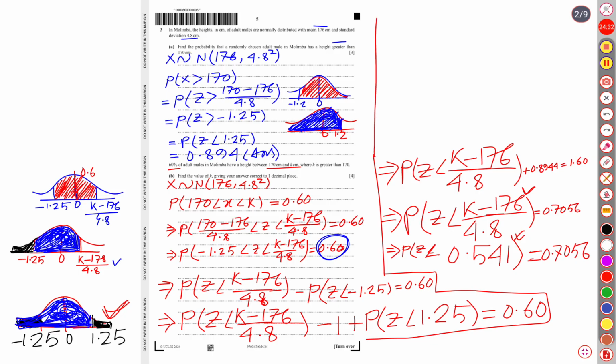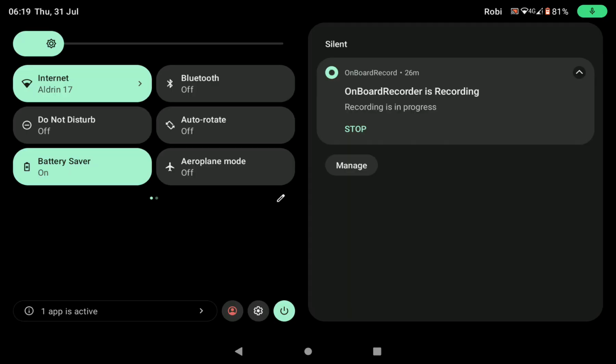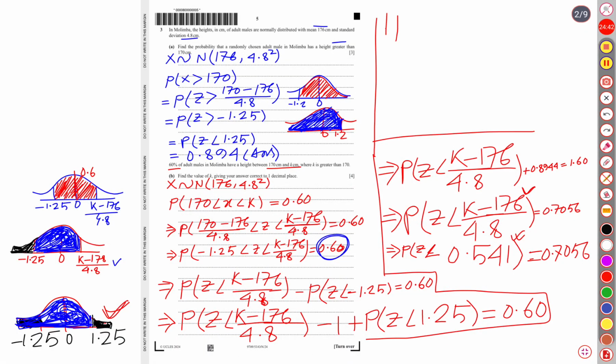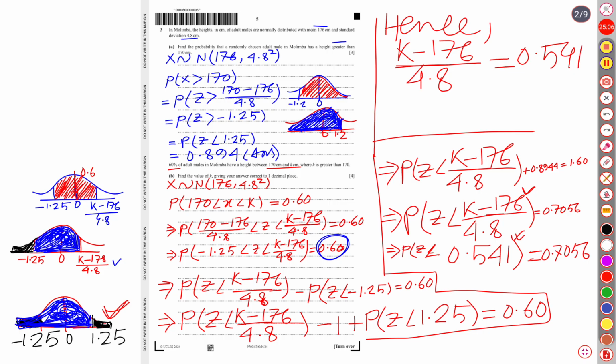Yes, the final part of the solution. Hence, (k minus 176) over 4.8 is equal to what have we got? Our exact is 0.541.